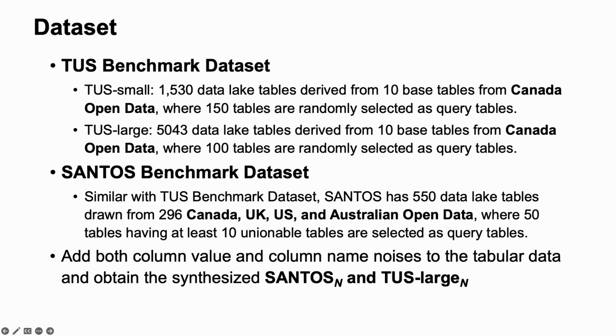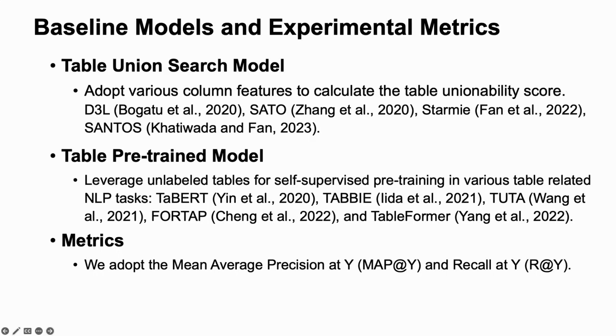We added both column value and column name noises to the tabular data and obtained the synthesized QS small and QS large. We compare AutoTUS with baseline models in two categories. The first category is table union search models that adopt various column features to calculate the table unionability score.